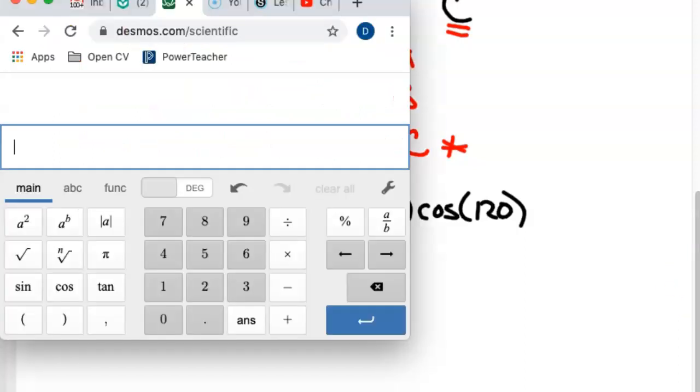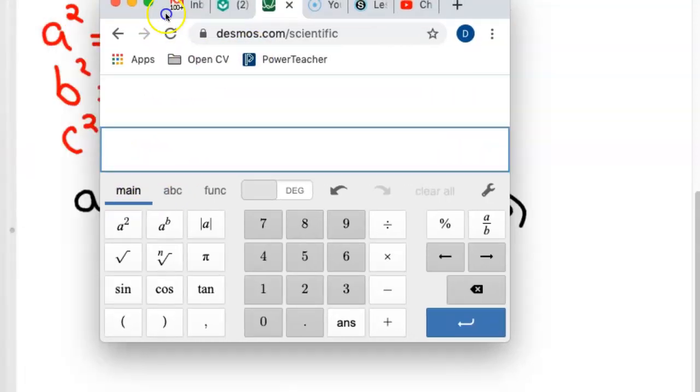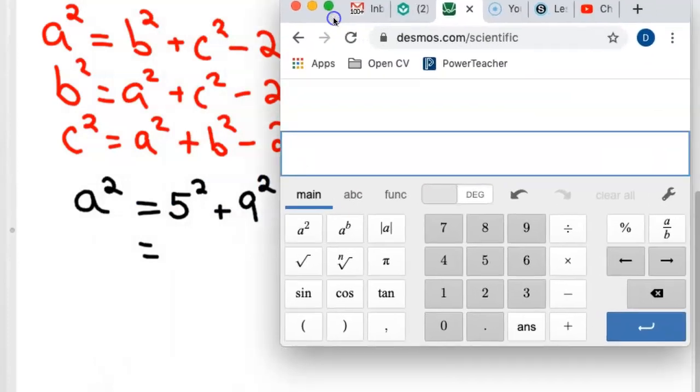And so I'll bring up Desmos. This is, again, a really nice calculator to use for online stuff. And so I'm going to go 5 squared, plus 9 squared, minus 2 times 5 times 9, cosine of 120 degrees.